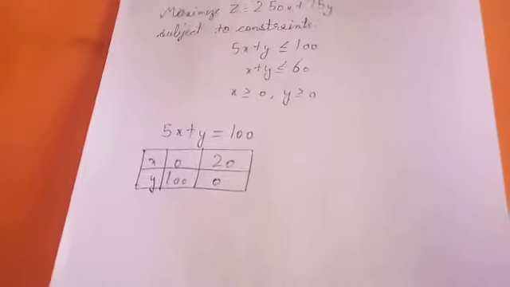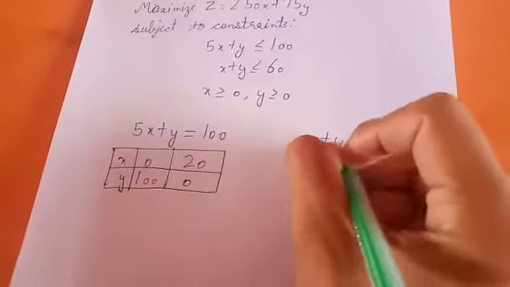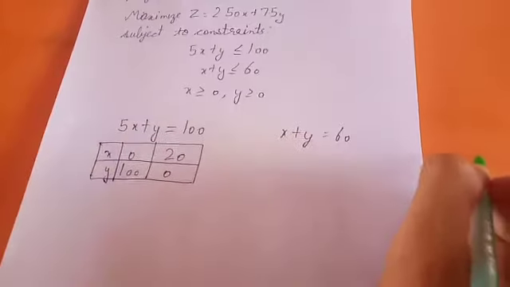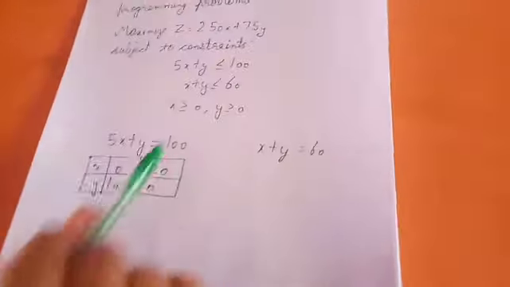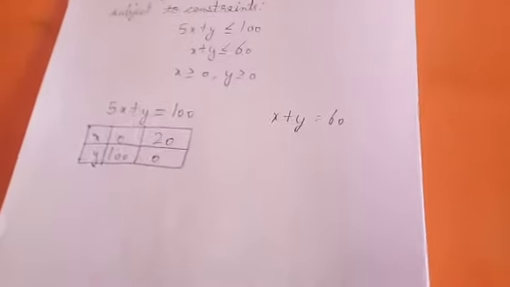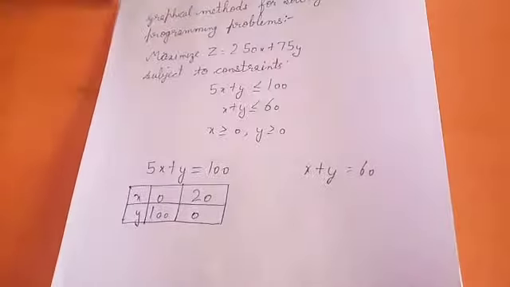Okay. Now we will take our second equation, that was x plus y equal to 60. Why are we using the equal to sign here, when the inequality is not an equal to sign? We are using this because we are just finding the values of x and y.